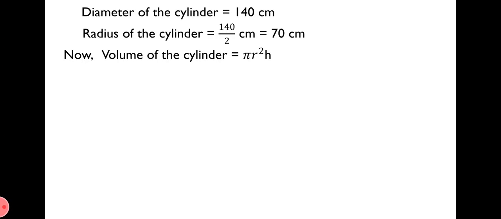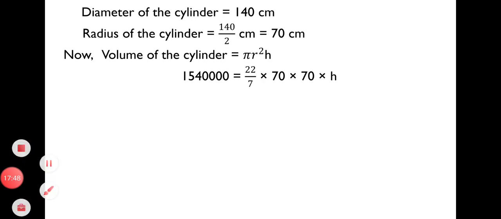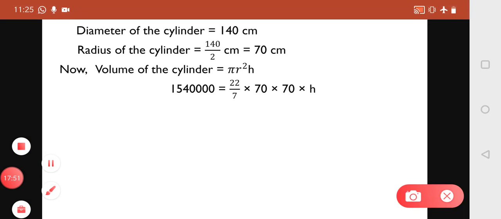Now volume of the cylinder equals pi r square h, that is 15,40,000 equals 22 upon 7 into 70 into 70 into h, because we have the radius 70 and we found that the volume is 15,40,000.